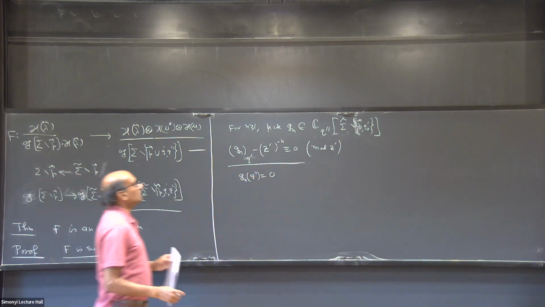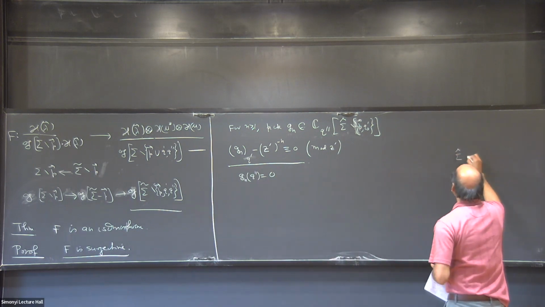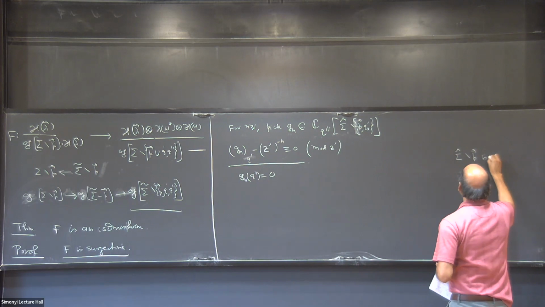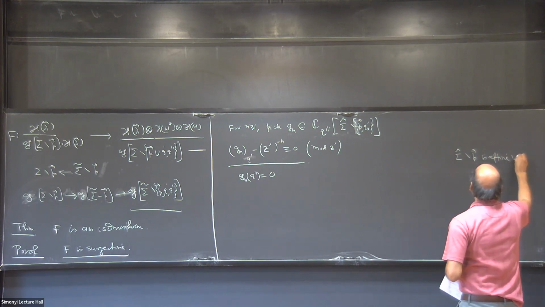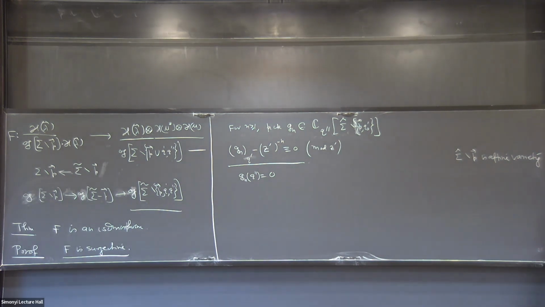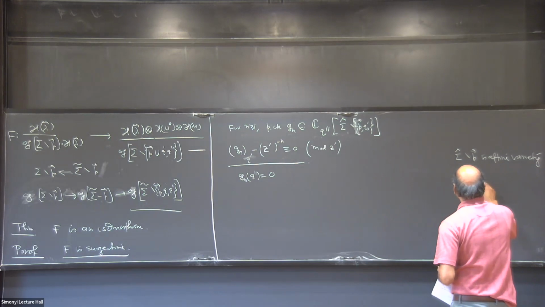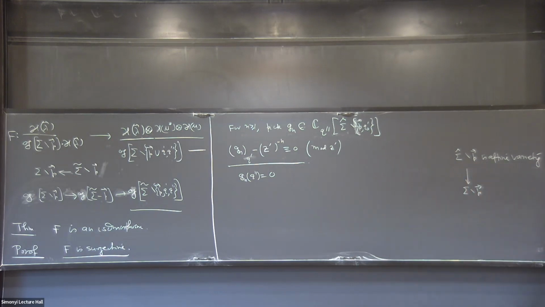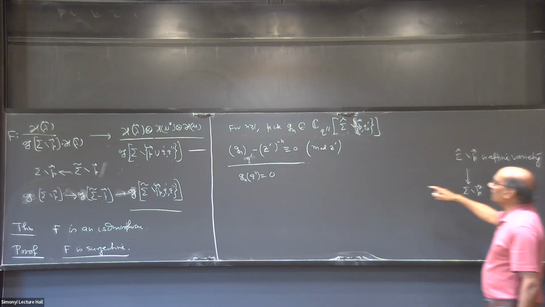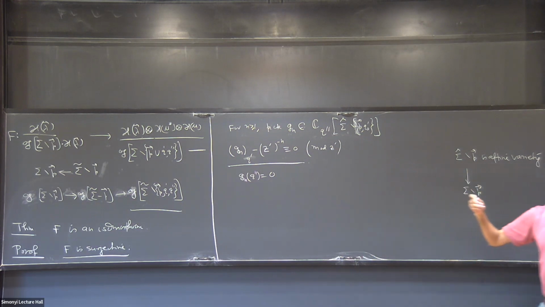And so let's observe that sigma hat minus p is an affine variety, because after all, this was the normalization of sigma minus p. Sorry, I forgot, what is sigma hat?